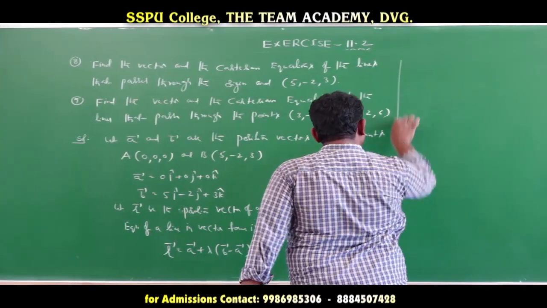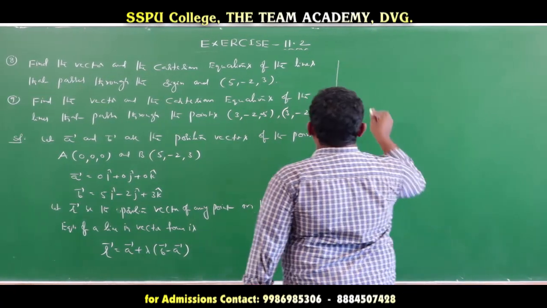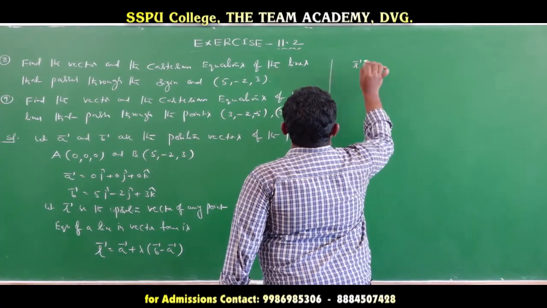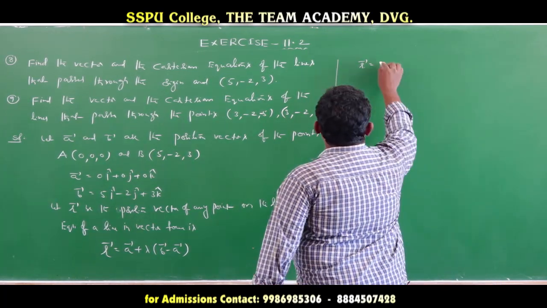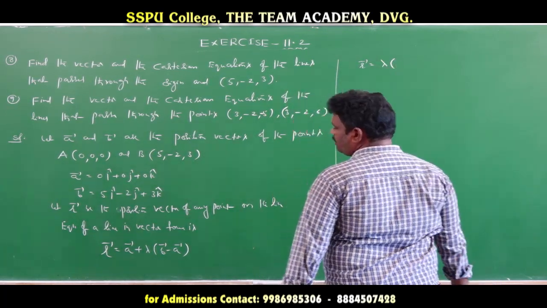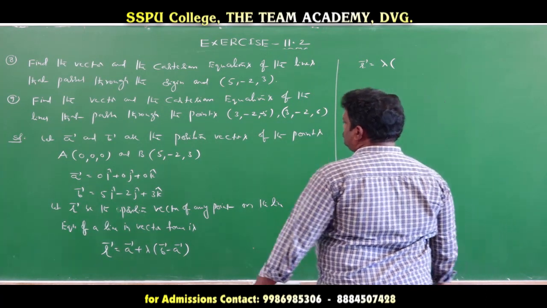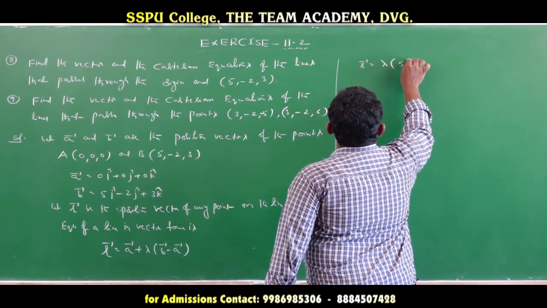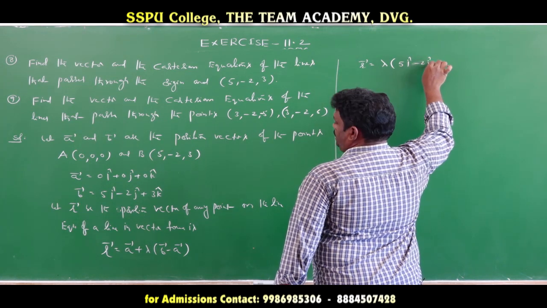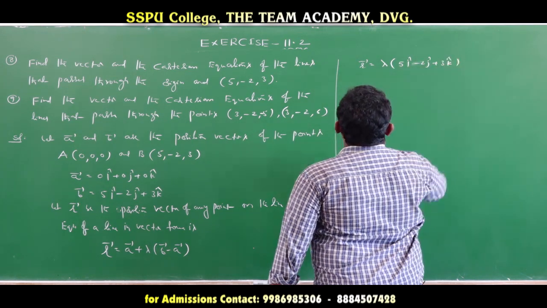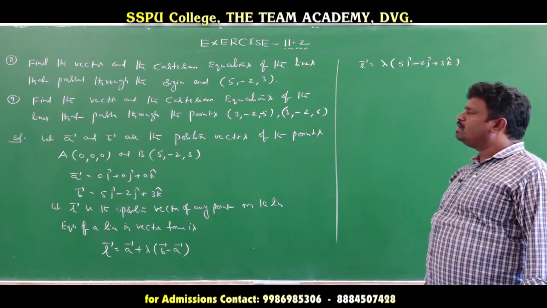So finally, r bar is equal to a bar, which is nothing but a null vector, so leave it, plus lambda into b bar minus a bar. B bar minus a bar is also nothing but the same b bar vector, 5i cap minus 2j cap plus 3k cap. So this is the vector form of the equation.